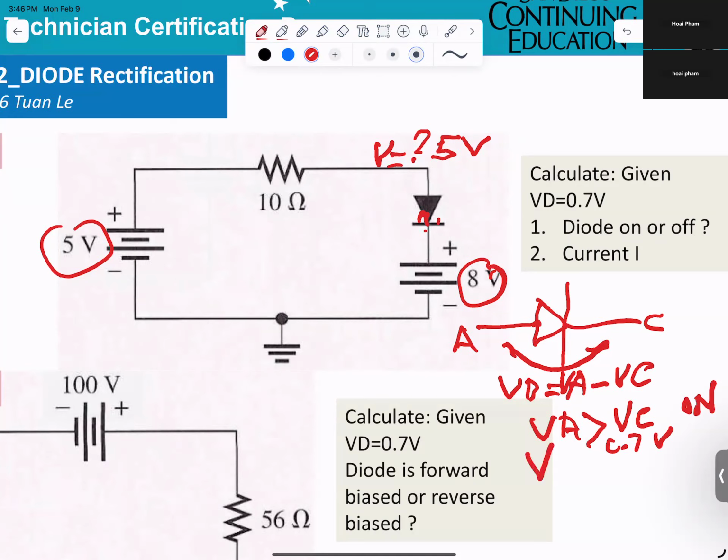Okay? If VA is less than VC by 0.7 volt, the diode is open.